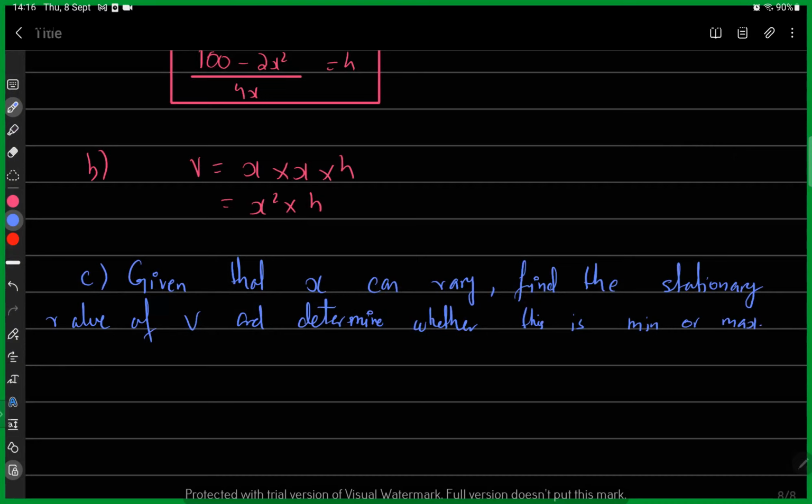So this is the concept. The concept is that you have a cuboid and two of its sides are equal to x and the height is h. Now x can vary. You know what this means? This basically means that consider x as a variable with which you can differentiate.